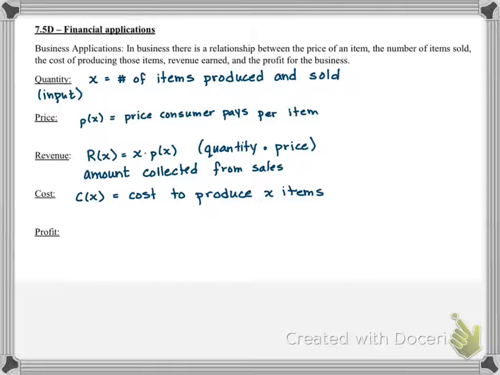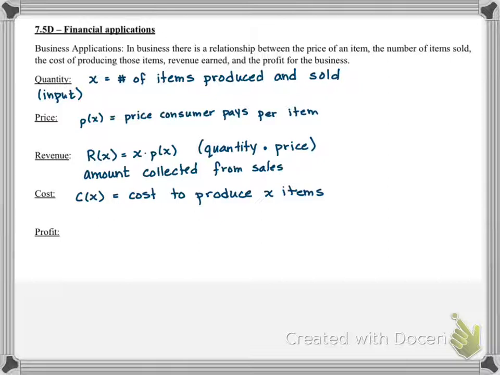So the price is always the cost for just a single item, whereas if I produce 100 items, then C of X is the cost of all 100. It's not the cost per item. Does that make sense, that difference between the two? And that's true of all of these. The only one that's a per item amount is the price. Everything else is for the total of X items.